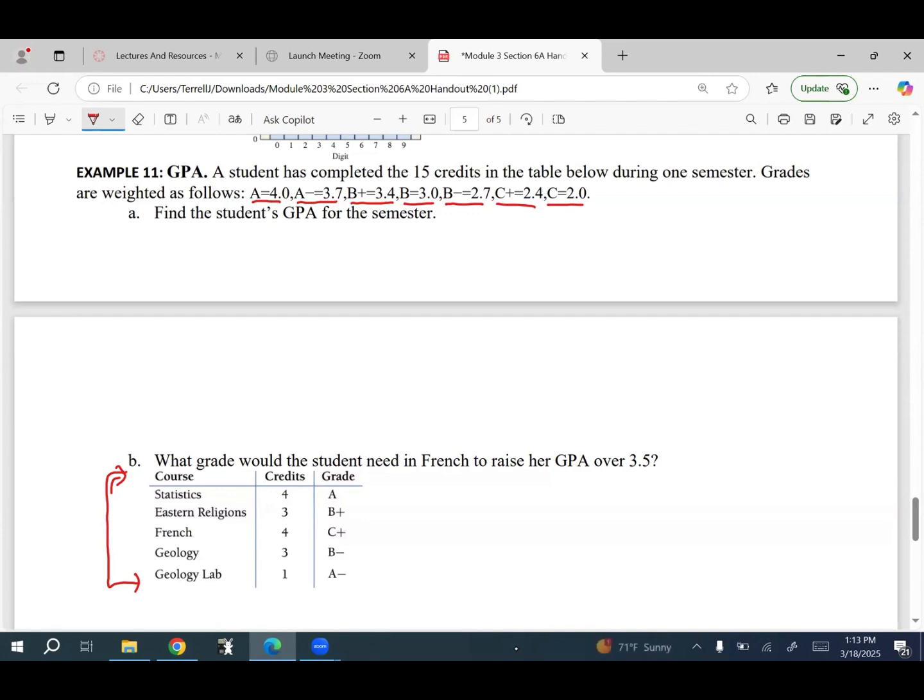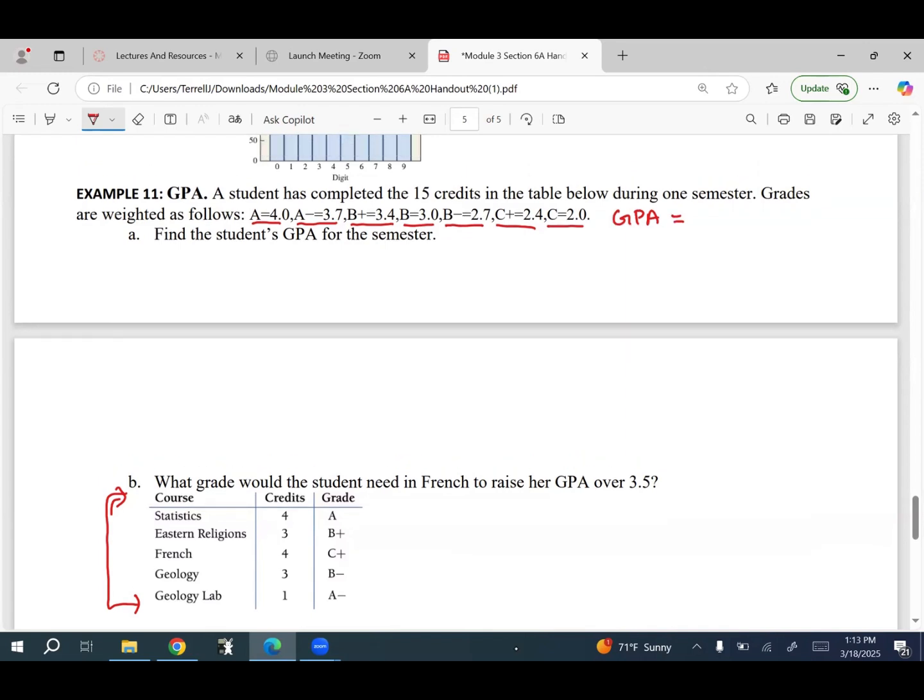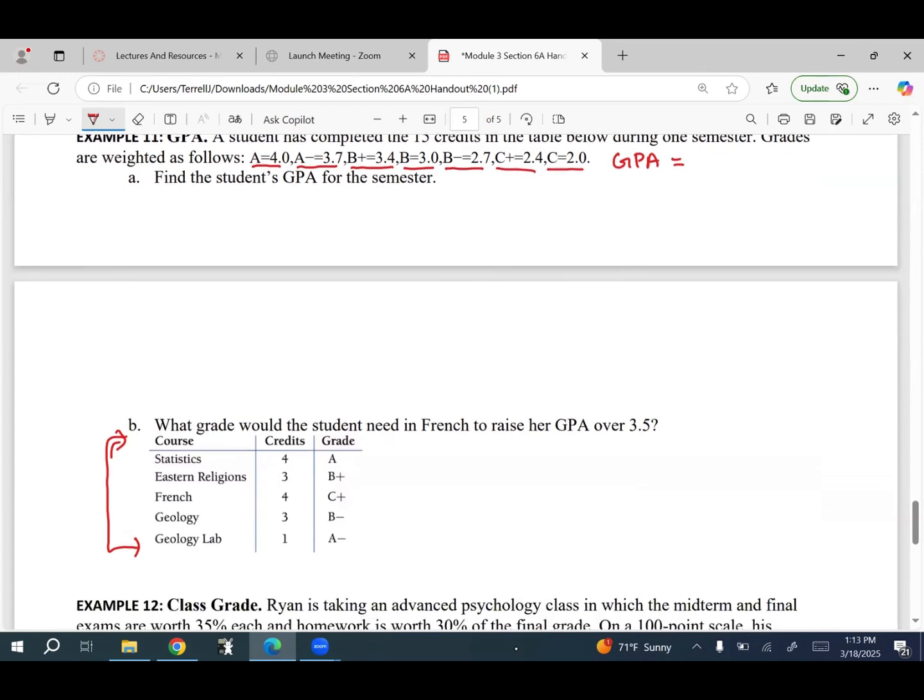So to find GPA, there's a formula that I'm going to give you right here. It is the mean. GPA essentially is a mean. But the only difference is if you look at his classes, for example, statistics, he got an A, and we know that the value of an A from above right here is a 4. However, there's something called credits.